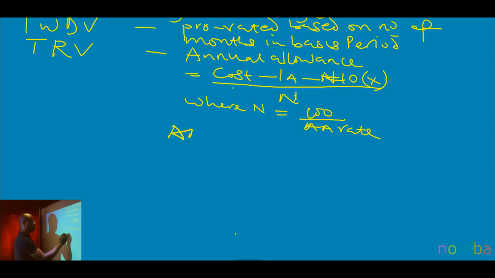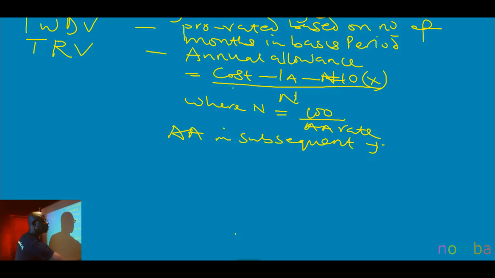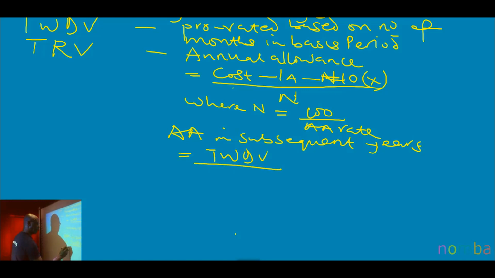AA in subsequent years becomes TWDV divided by number of unexpired life. So that's the number of years remaining. TWDV divided by number of unexpired life. So this is how you get your AA in subsequent years.